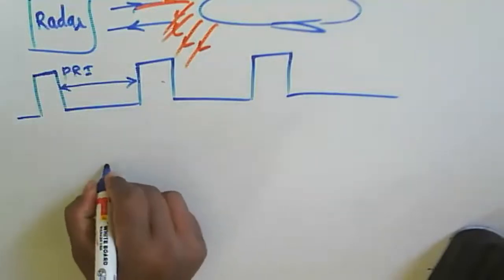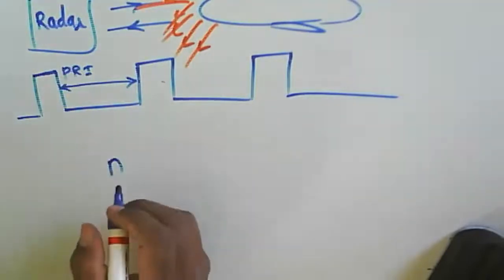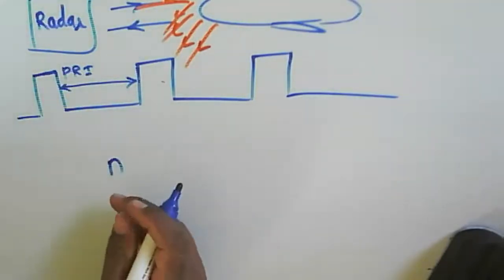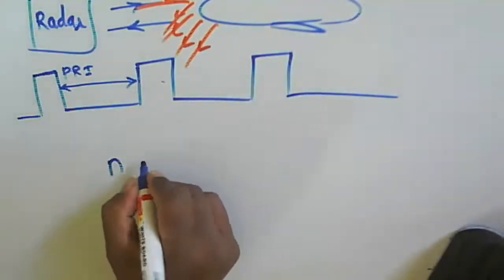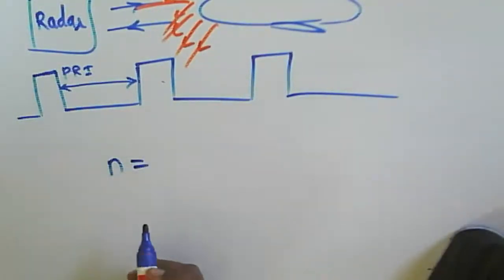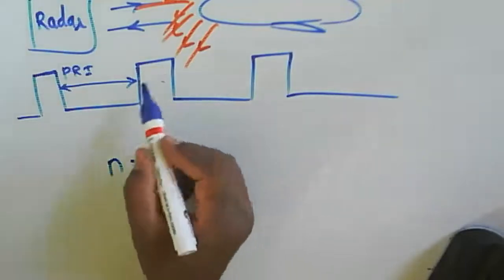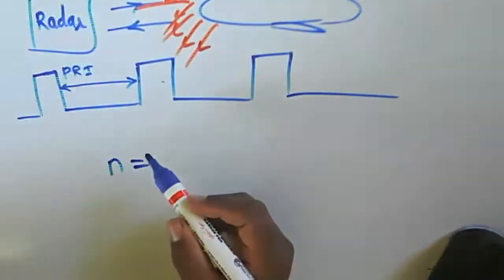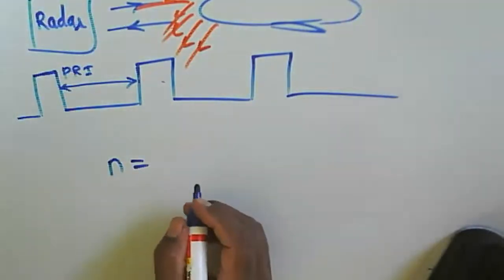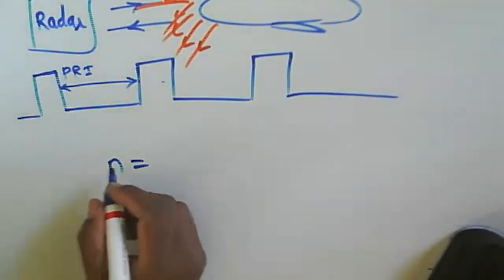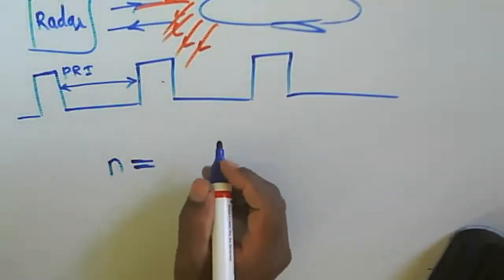So we need to know how many pulses return from the given object, which depends upon the pulse repetition frequency, as well as the beam width and the scan rate of the antenna.